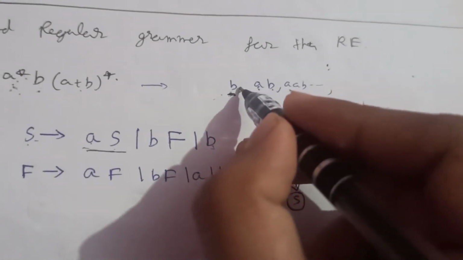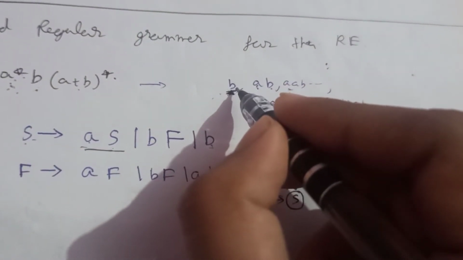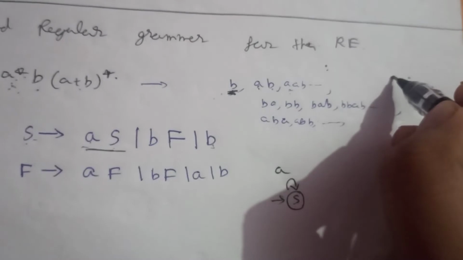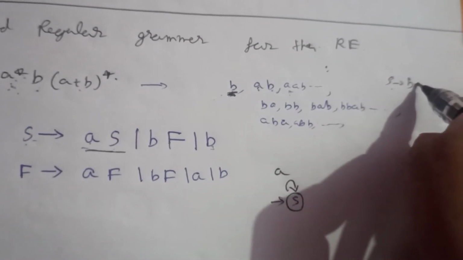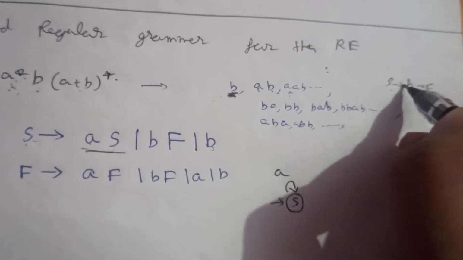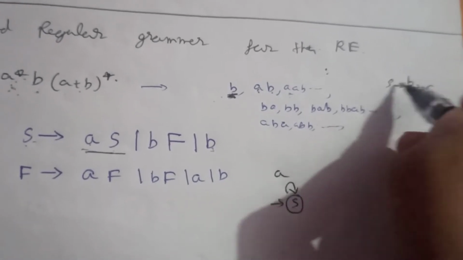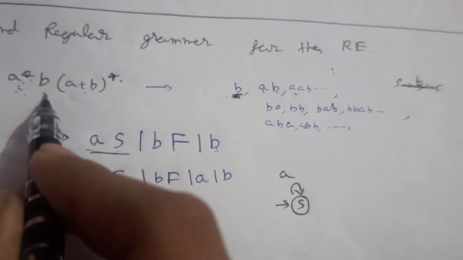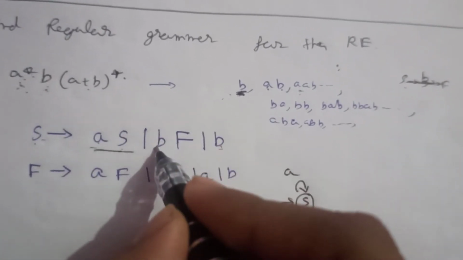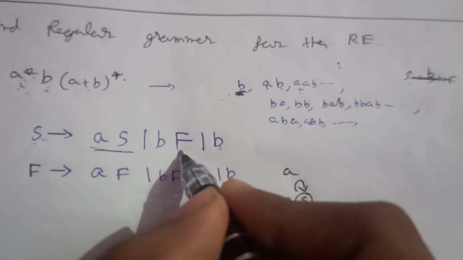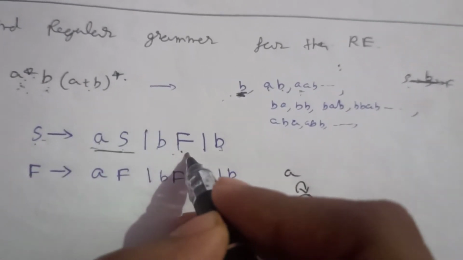So only b is also accepted. To make it only b, that means after receiving input symbol b from the initial state, it will reach the final state. So after receiving b, it will reach the final state.